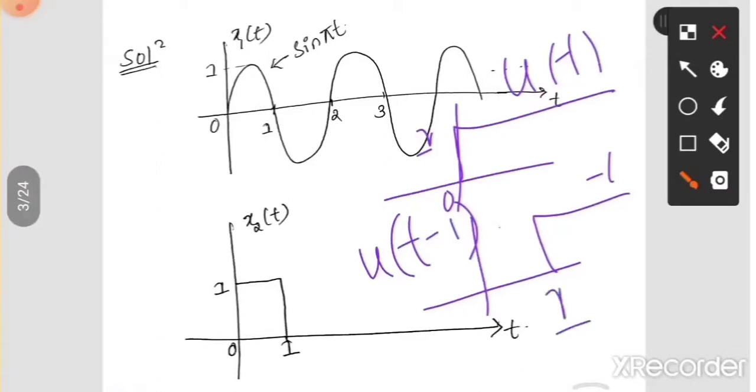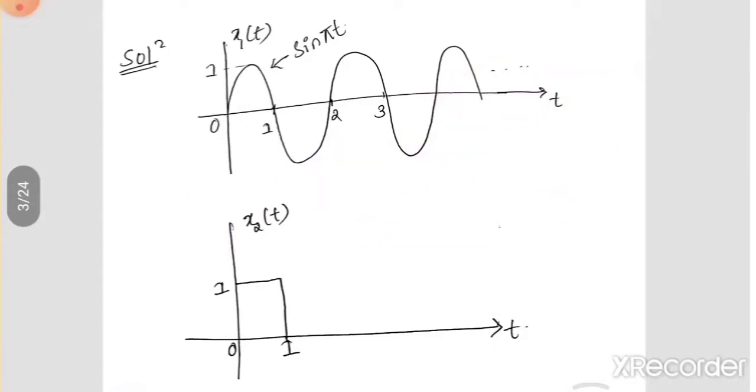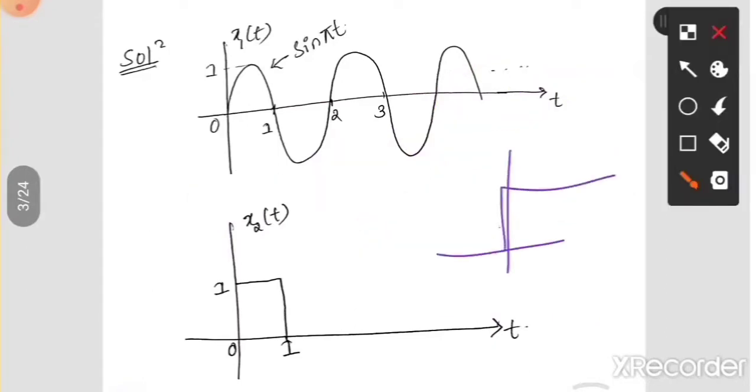If you subtract u of t minus 1 from u of t, you get a signal like this. That is the required signal.